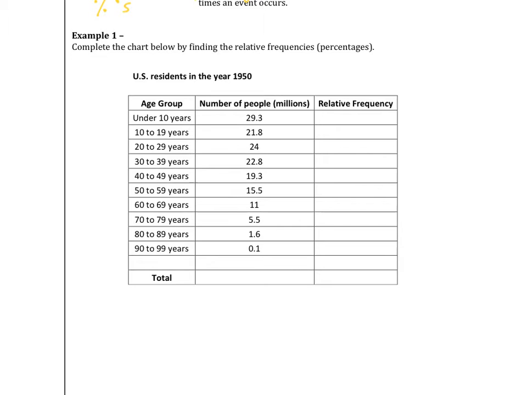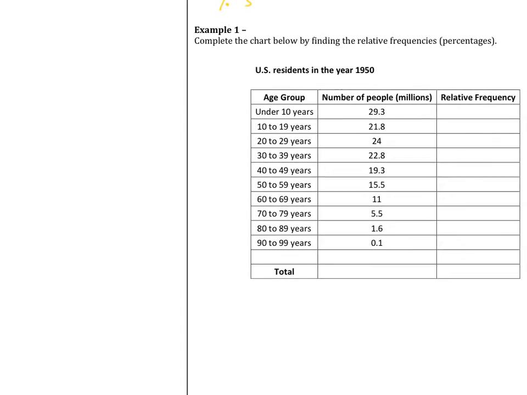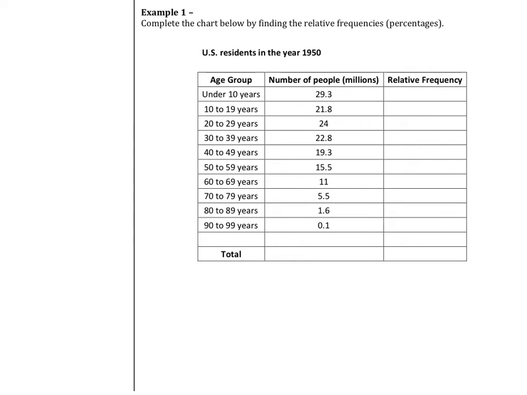So if we're given the age group and the number of people, we're trying to find the relative frequency. So the first thing we do here, step 1, is find the total number of people.